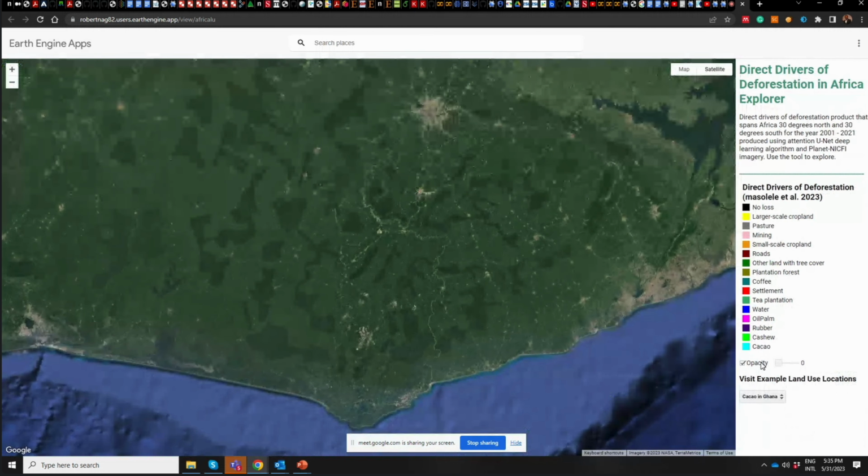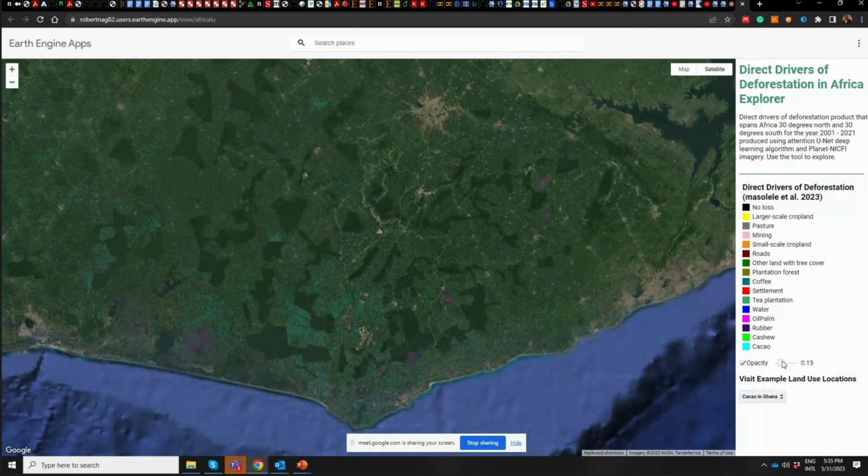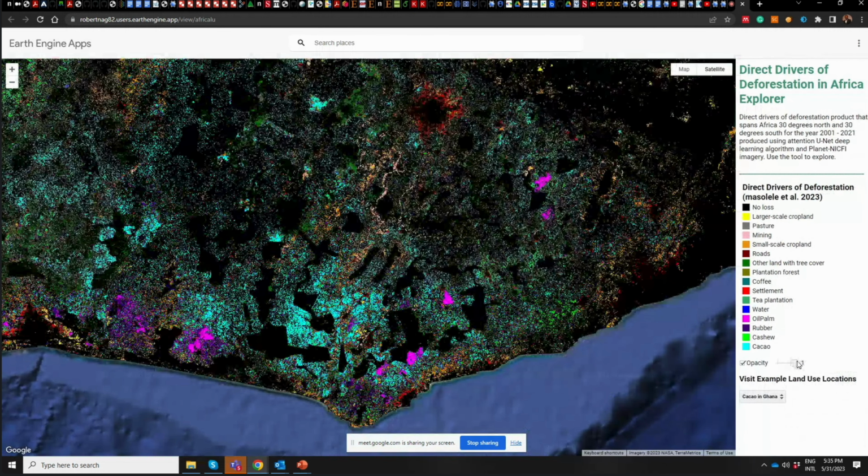You can see some patches of forest, and in the areas where deforestation happened, you can see a lot of cocoa, but also oil palm and other kinds of land uses. And similarly in Ivory Coast, where you have, for example, a conserved forest called Sandra, that was really converted to small-scale cocoa farms.